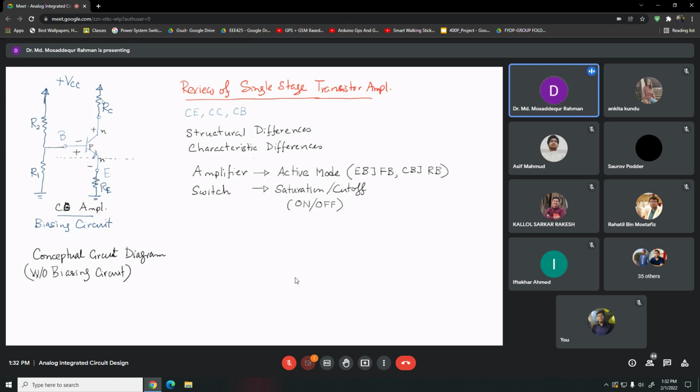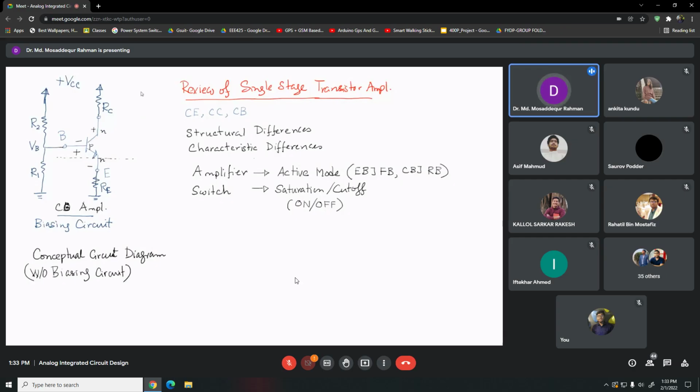Through RC we get a positive voltage here, so that will reverse bias this junction. And through this network of R1 and R2, a voltage VB will appear here, so that will forward bias this base emitter junction.